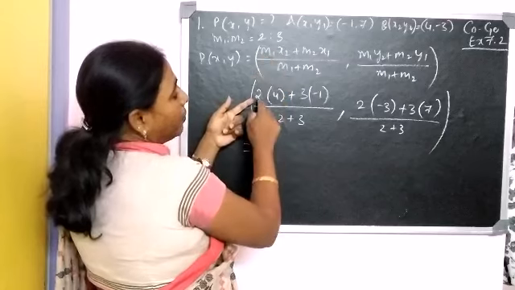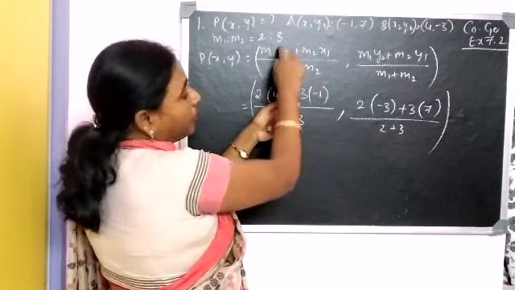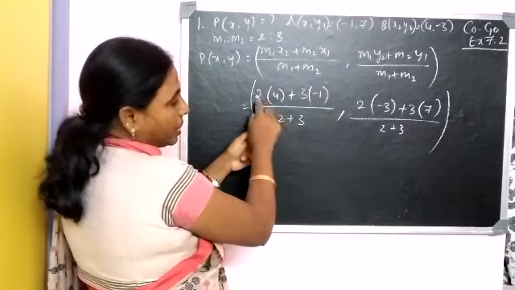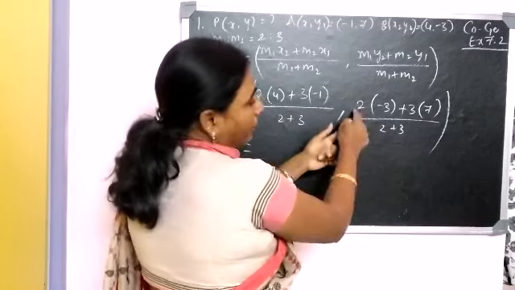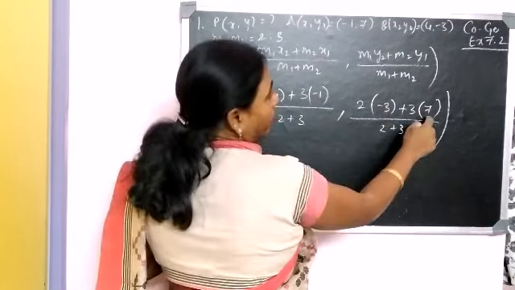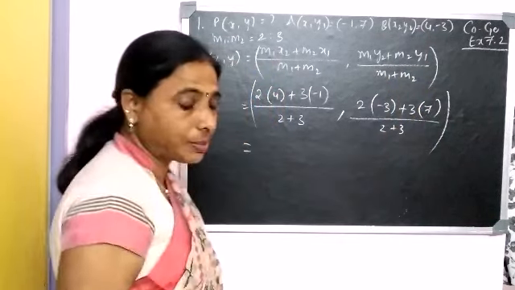Here m1 is 2, x2 we have to take from here, and m2 is 3 minus x1, divided by 2 plus 3. Again m1 m2 you substitute, and here y2 y1 we have to substitute. y2 here is minus 3 and 7. Just substitute them.